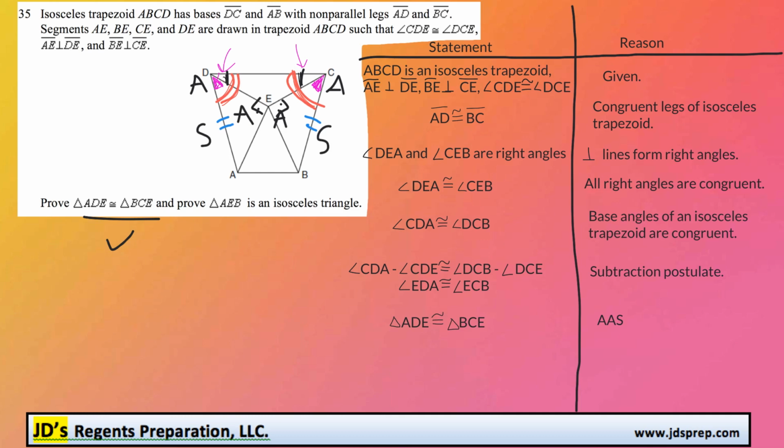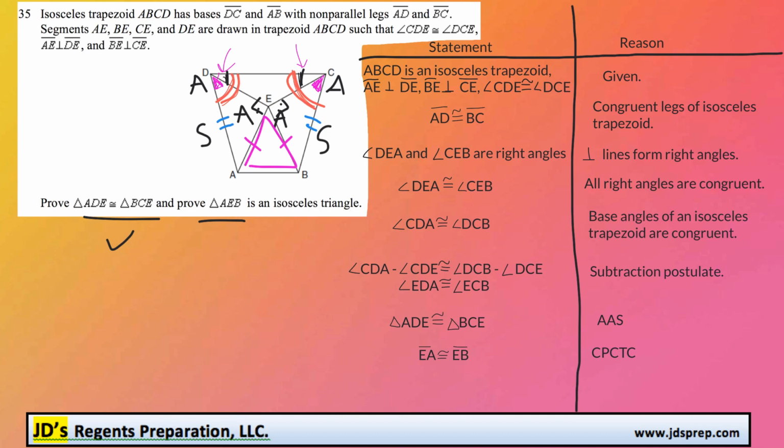Now, to show that triangle AEB, this guy in the center here, is isosceles, we just have to show that these two side lengths are equal. And we can actually state that right away because we know that corresponding parts of congruent triangles are congruent, or the good old acronym CPCTC.